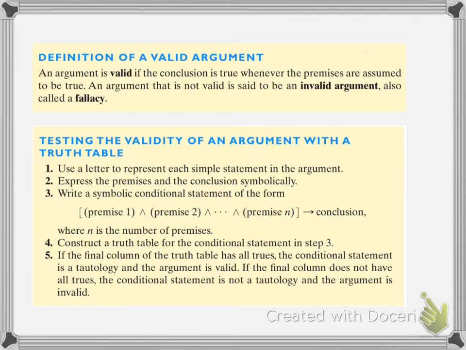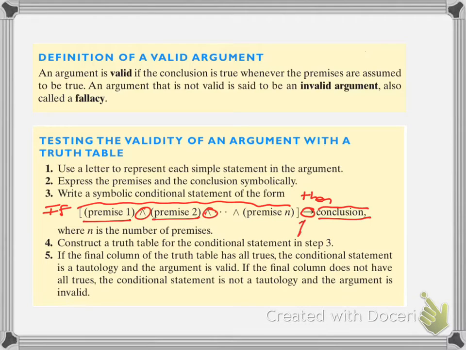So basically, what this means, guys, is that if premise 1 is true and premise 2 is true and however many premises we have, then the conclusion is true. This is an if-then big statement in parentheses, right? This is my if this whole statement, then the conclusion, because it's got an arrow there, all right?